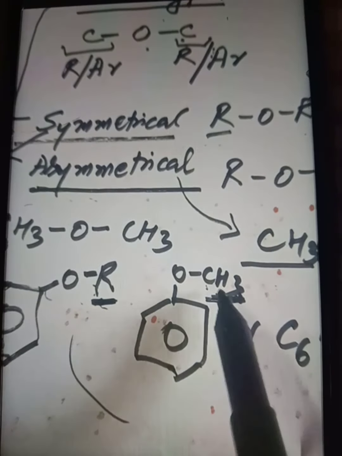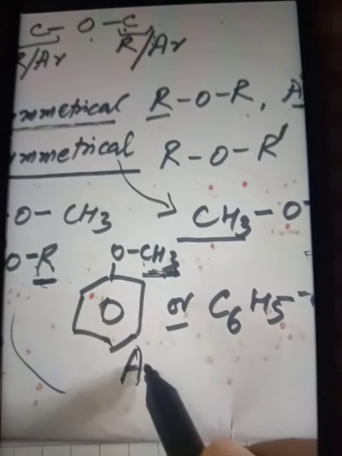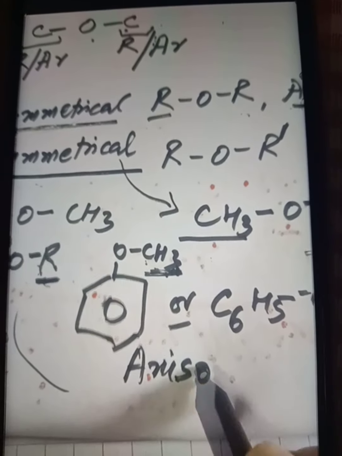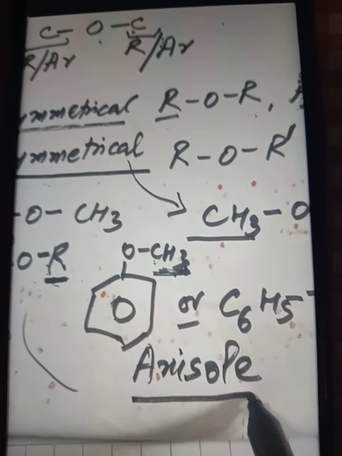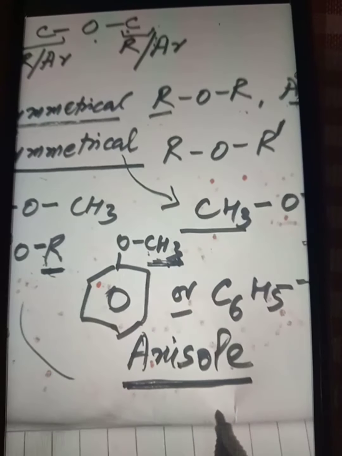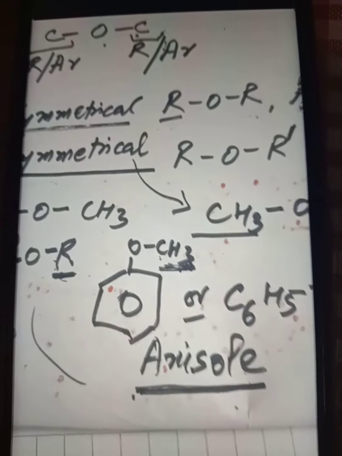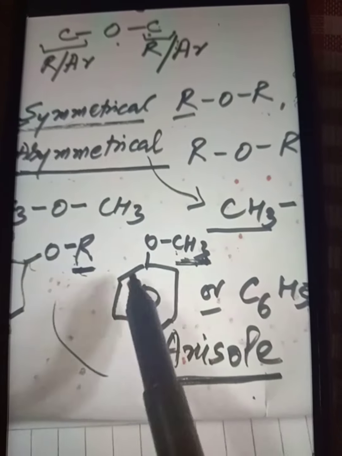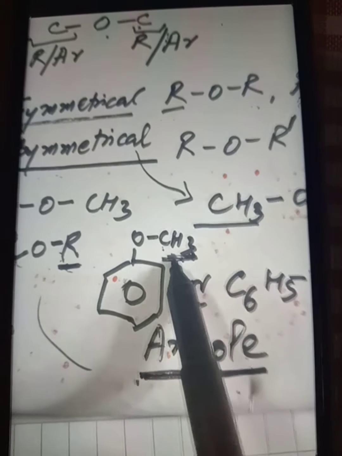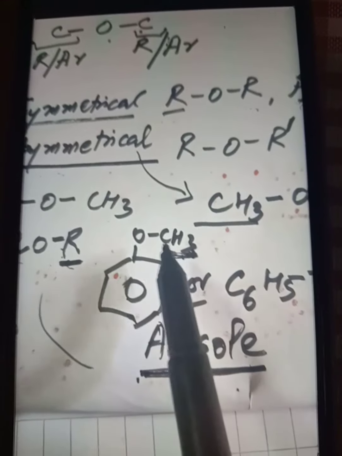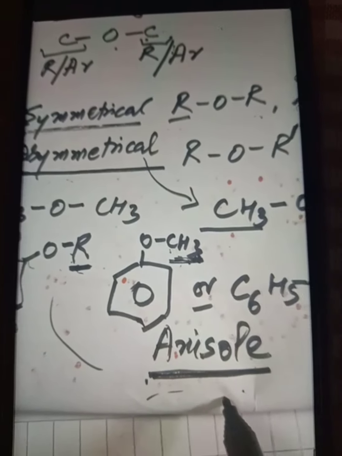Whenever we write CH3 in place of R, this particular compound is also known as anisole. This is a very important compound of your syllabus, anisole. So what is anisole? Anisole is an aromatic ether in which one group is aryl and other group is alkyl. This alkyl group is methyl always in anisole.